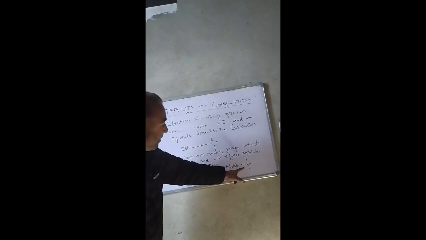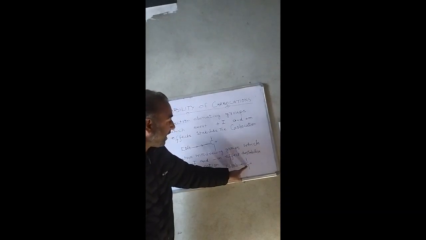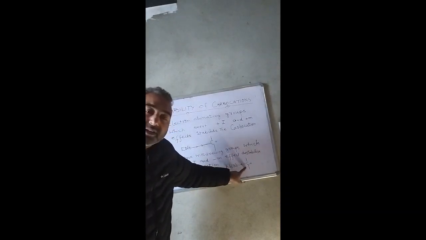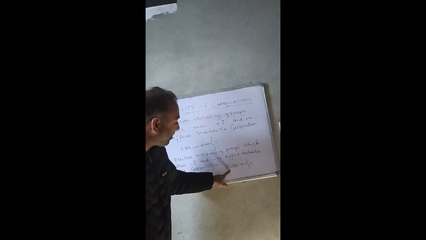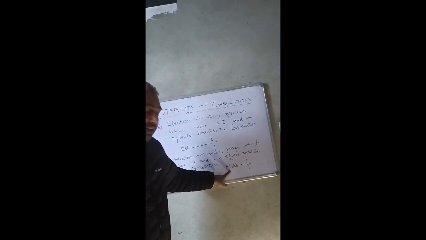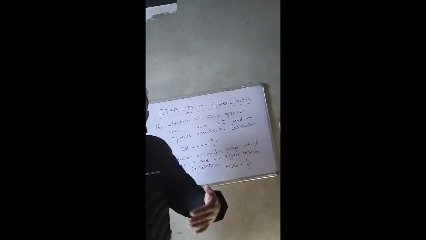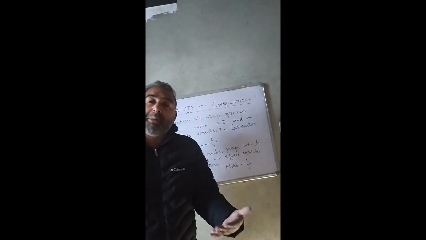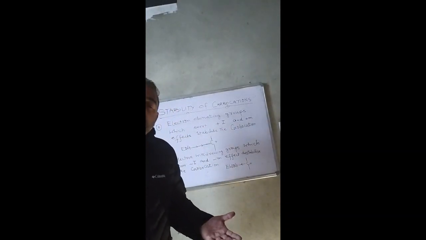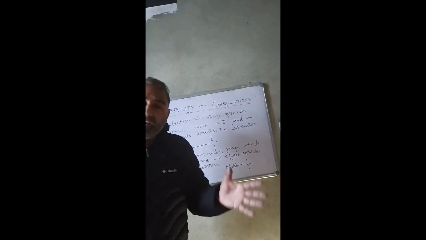You can see here, this carbon which carries positive charge, if it is attached to an electron withdrawing group, that group further increases the magnitude of positive charge, making it unstable and reactive.